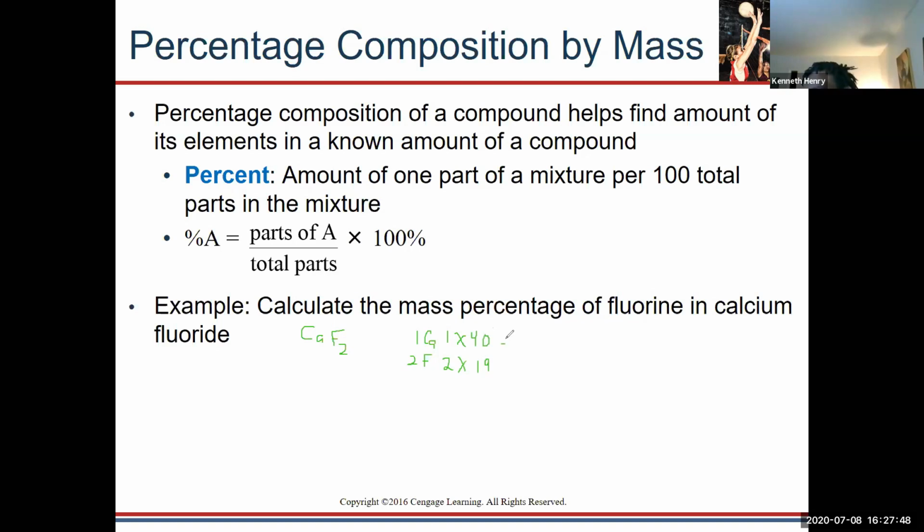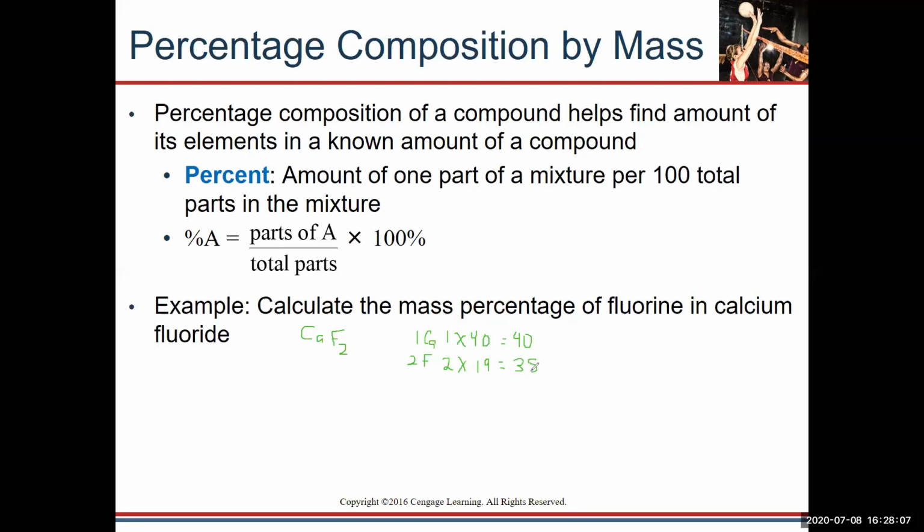So we have 40 plus 38, 78 grams per mole. Sorry, it's mole, not molecule.